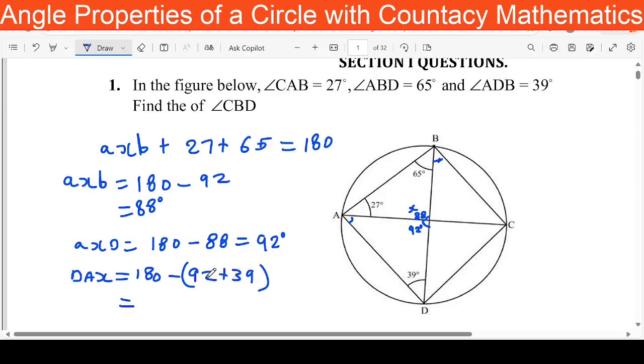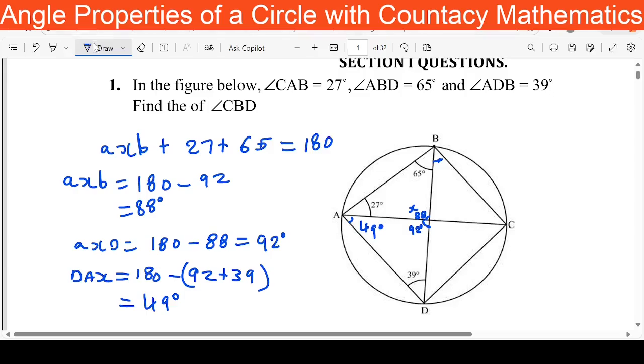So what you just do is 180 minus 131, and that is going to give you 49 degrees. Therefore, this angle right here is 49 degrees.